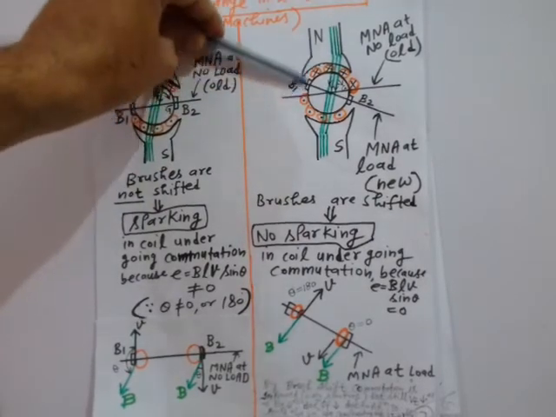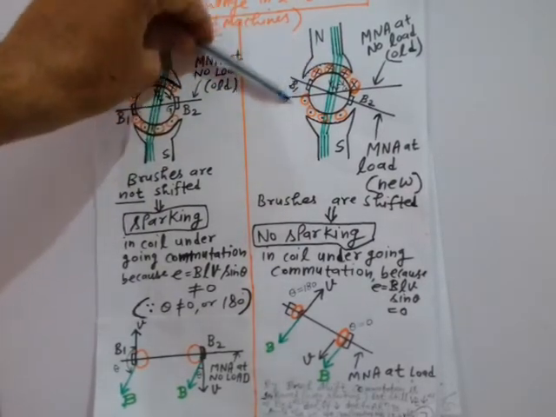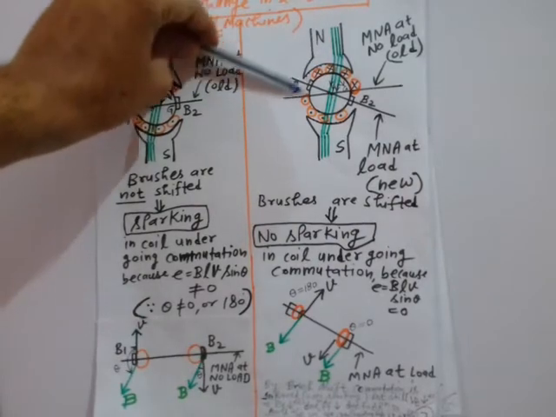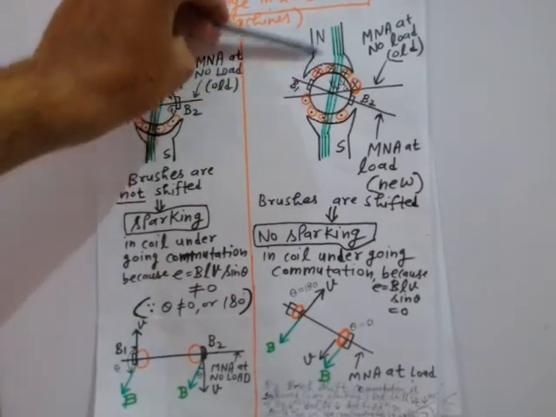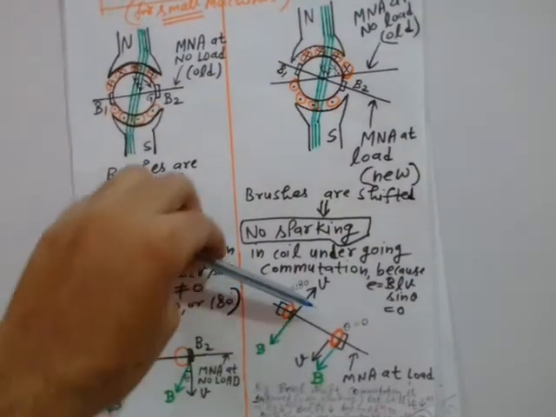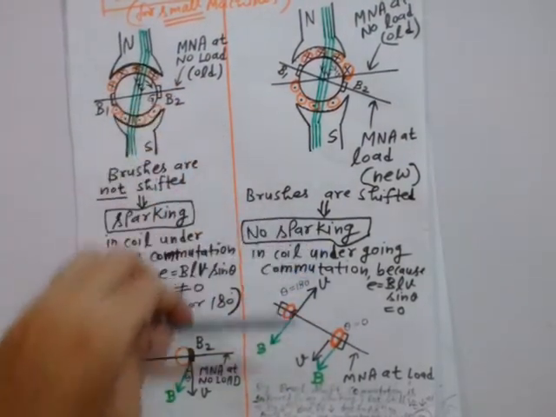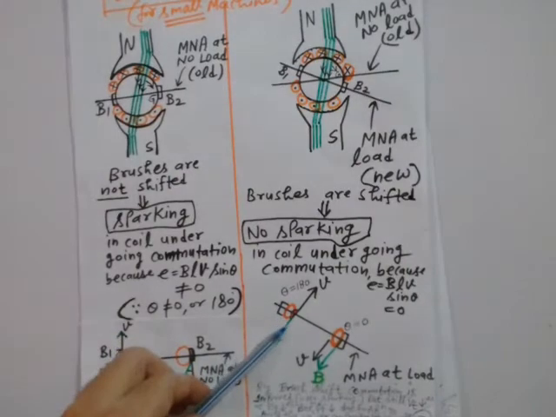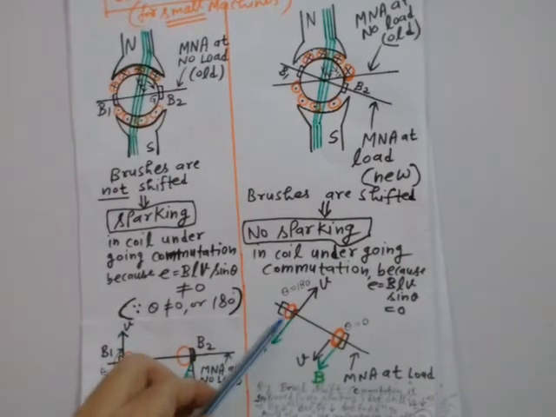Tangentially like this, because it is rotating clockwise, so tangentially like this will be the direction of peripheral velocity for this particular coil which is placed nearby this brush B1.